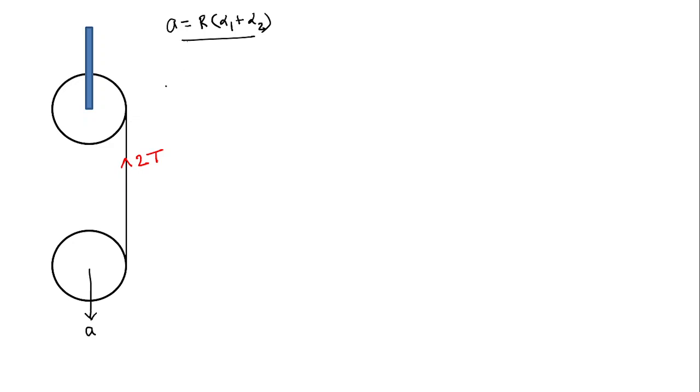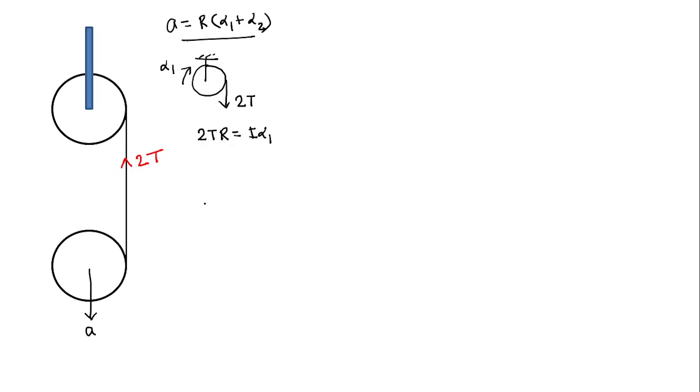Now you see from the upper circle what is happening. 2T is pulling it downward and its angular acceleration is alpha 1. So you can write tau is equal to I alpha. Tau is 2T R equal to I alpha 1 for the upper cylinder.